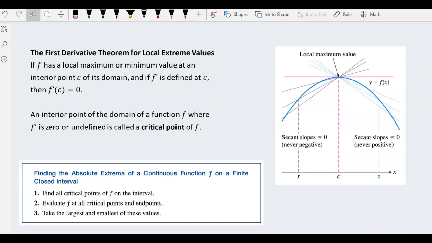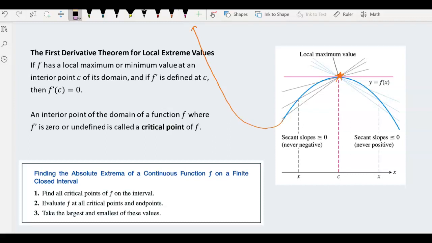Now, the reason that we're defining local max and local min is because we're going to use this for an important theorem that we'll be using for later problems: the first derivative theorem for local extreme values. The theorem says that if we have a local maximum or a local minimum, looking at this picture, there's a local maximum here, but it could be that the function goes like this, and maybe somewhere else there's actually an absolute maximum.